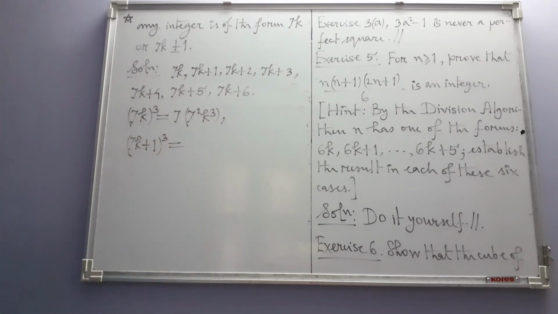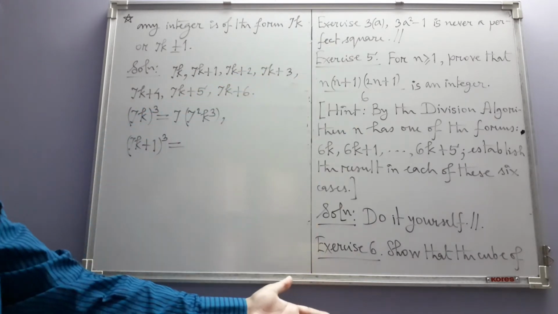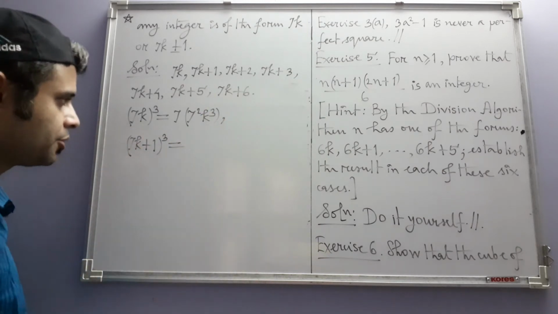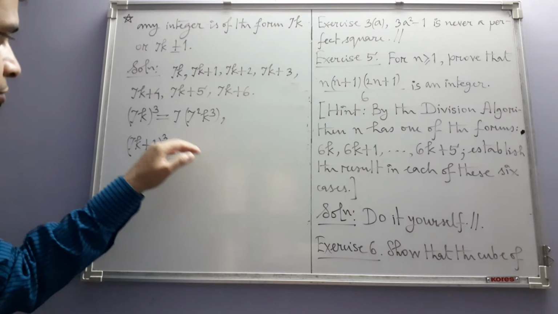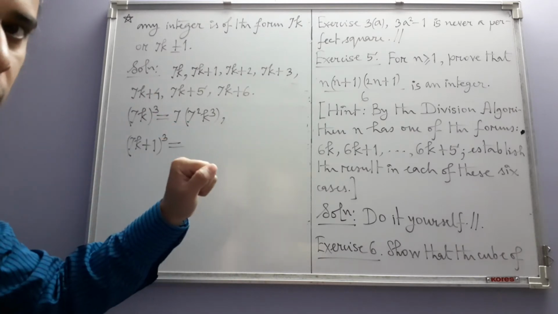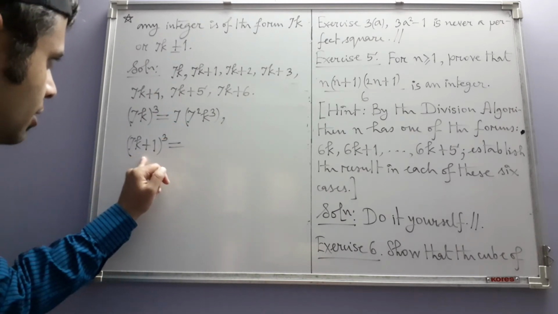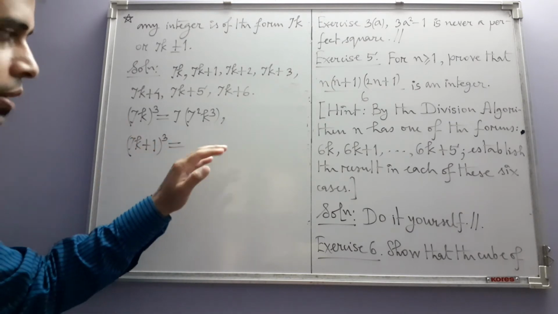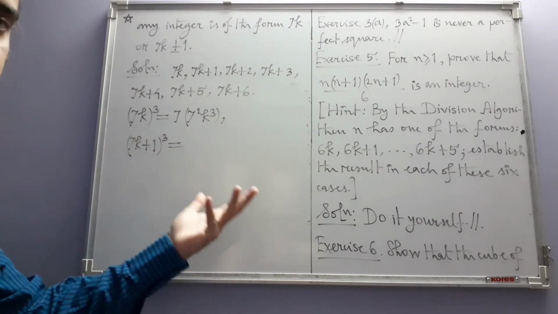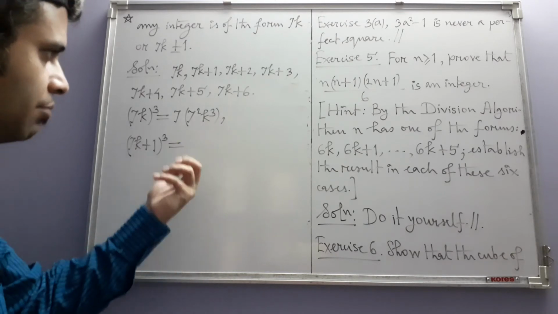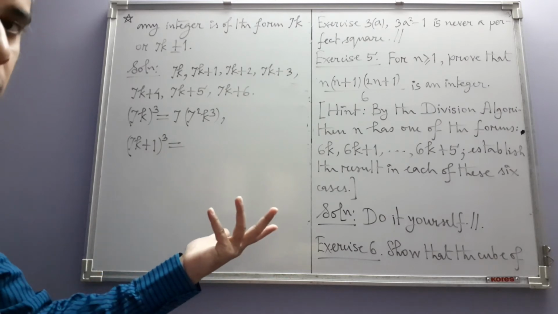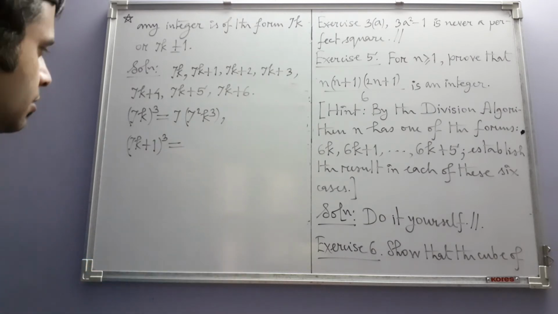From the experience gained from those calculations, we can almost see here that this will be of the form 7 times something plus 1, because all the terms involving positive integral powers of 7 will contribute 7 times something to that term.